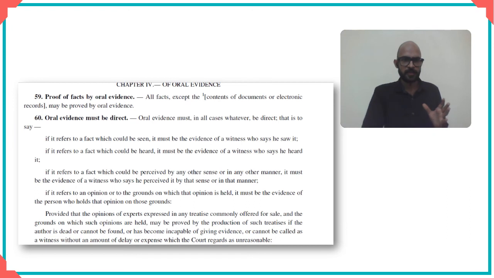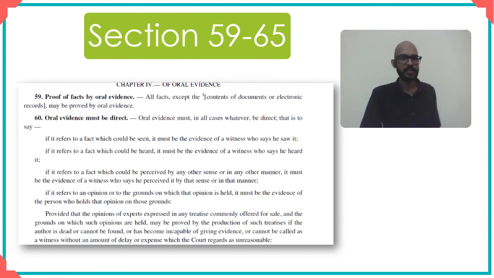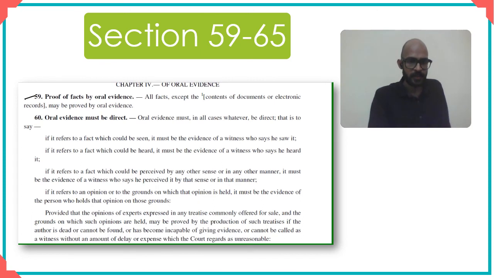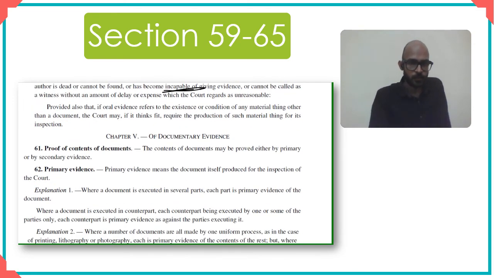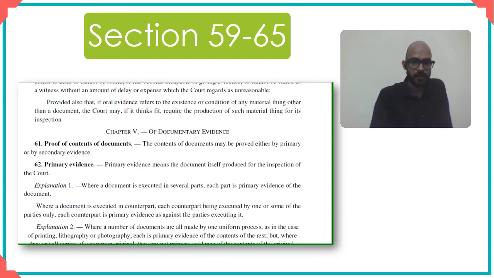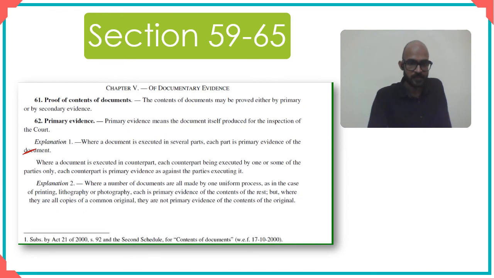So with this, we've pretty much seen the entire matrix of how oral evidence and documentary evidence are related. I'll just quickly take you through sections 59 to 65 once so that you get an idea of how it works. Sections 59 and 60 deal with oral evidence. Oral evidence can be given for everything except the contents of documents. For the contents of documents, we have primary and secondary. Section 62 talks about what primary evidence is.